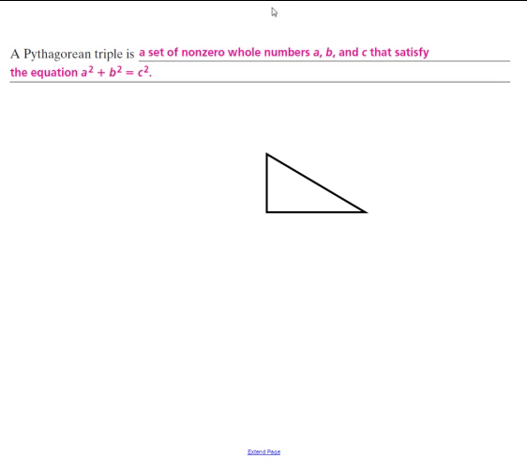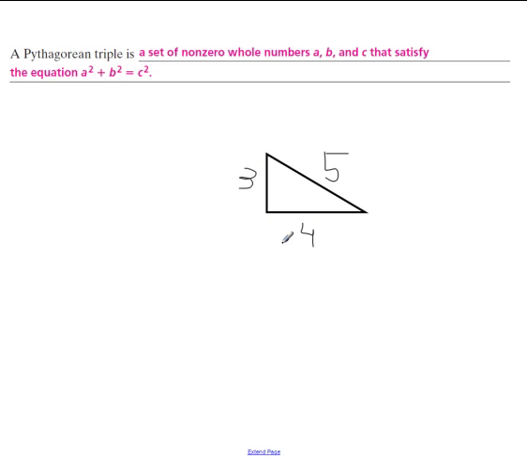We'll look here, and probably the most common would be what they call a 3, 4, 5. And if we do the math here, 3 squared is 9, 4 squared is 16, 9 plus 16 is 25, the square root of 25 is 5. So 3, 4, and 5 will satisfy this equation for Pythagoras.